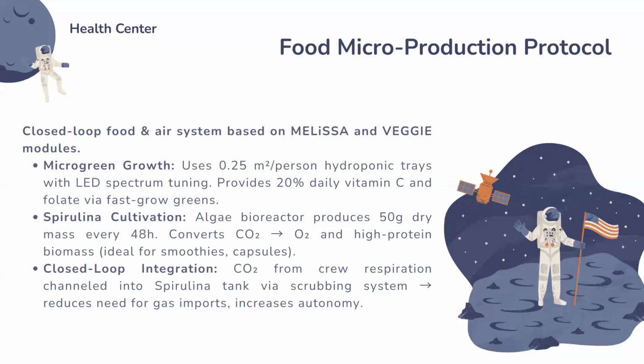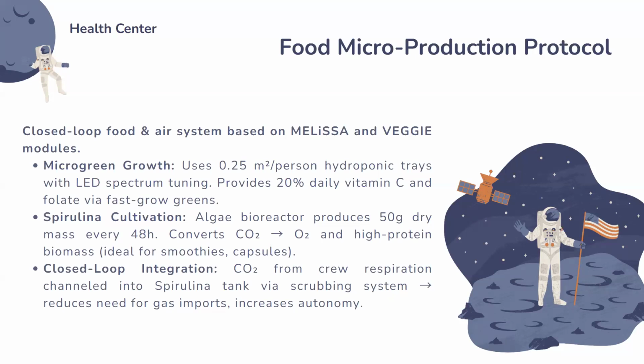At the end, there are food micro-production protocols, which are closed-loop nutrition for life support. At the core of this system are microgreens and spirulina, which, as we know, are not just supplemental snacks. They are mission-critical bioproducts which also support nutrition and oxygen regeneration.